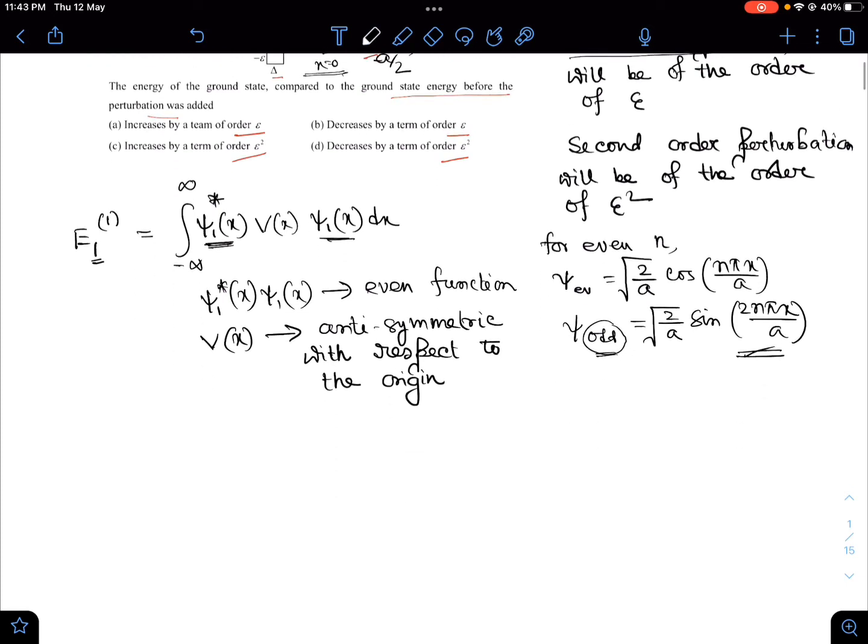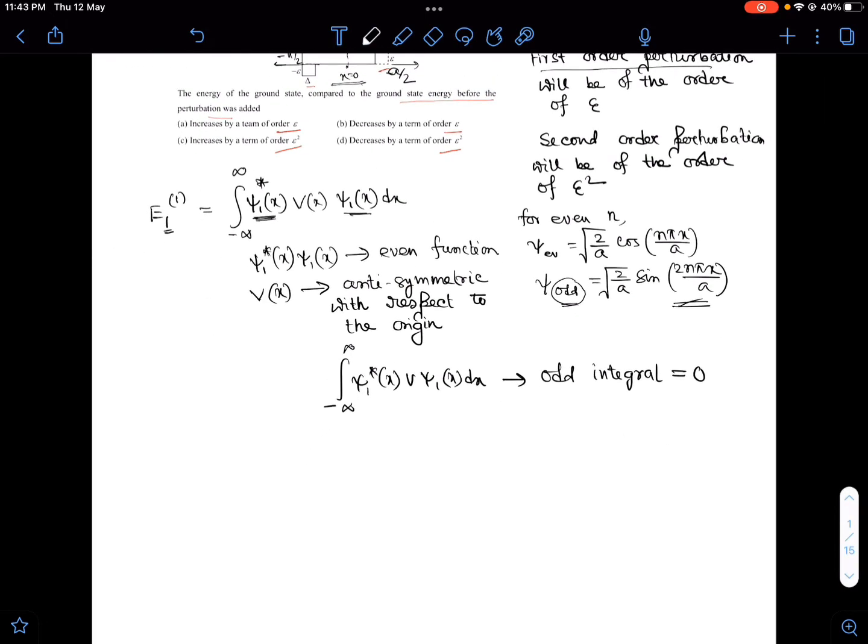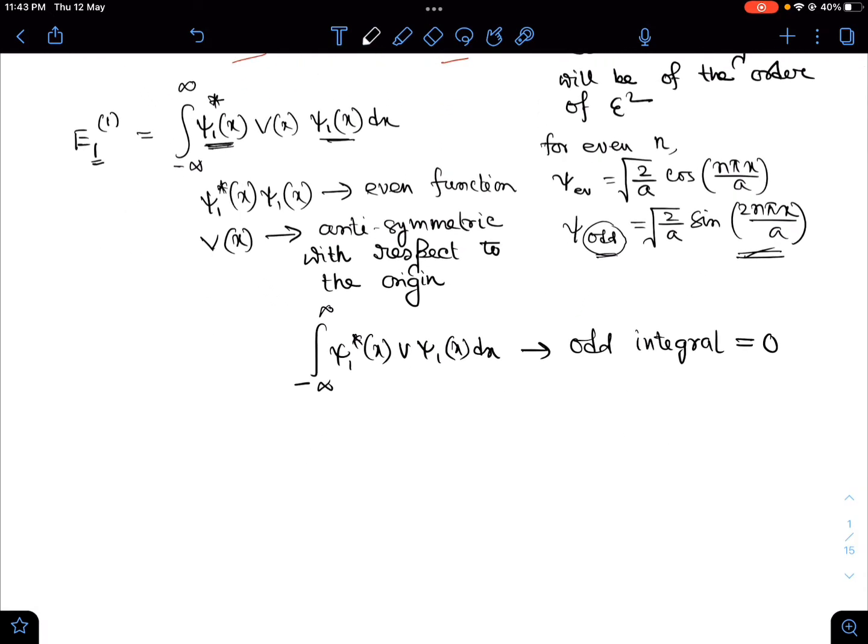So this integral of psi1 star V psi1 is an odd integral, and we can say that it should be 0. So it turns out that the energy correction of the first order perturbation is 0.